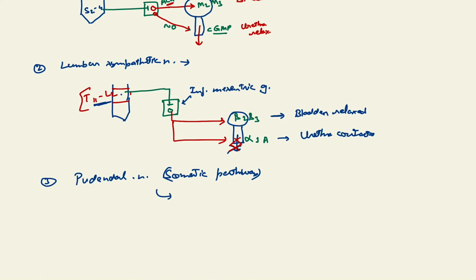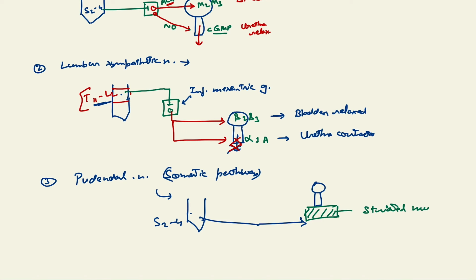Now what does it do? To describe it, the pudendal nerve also starts from S2 to S4 along with the parasympathetic nerves. These nerves originate and do not lie in any ganglion; they directly innervate the external sphincter, that is the striated muscles.